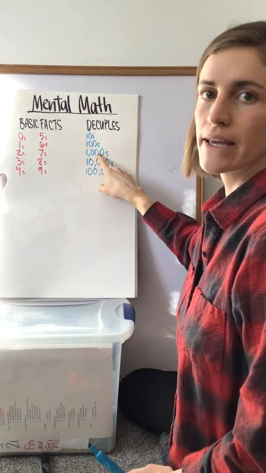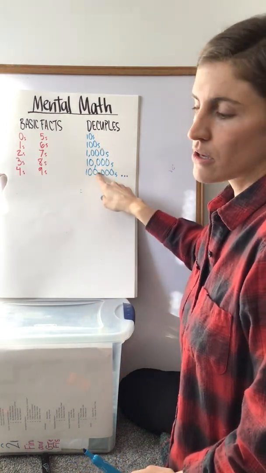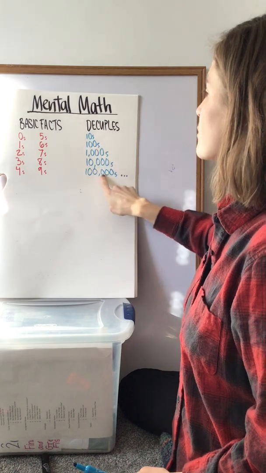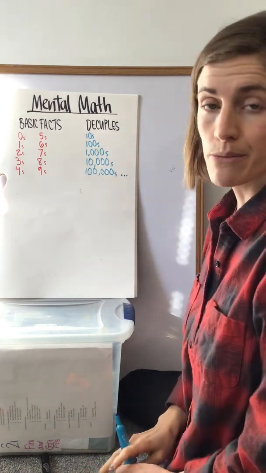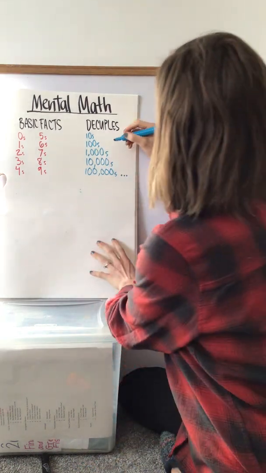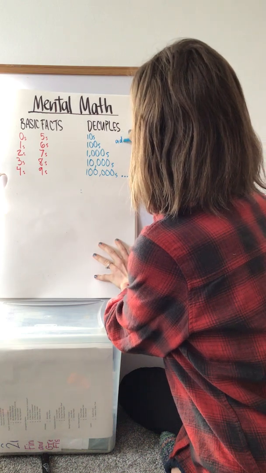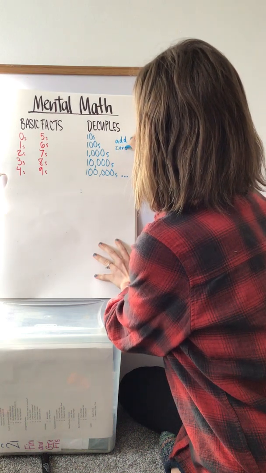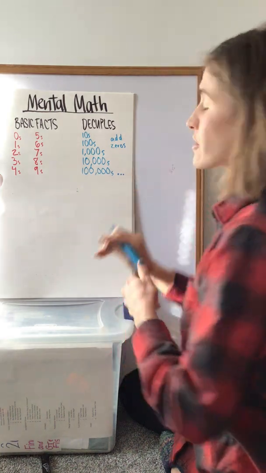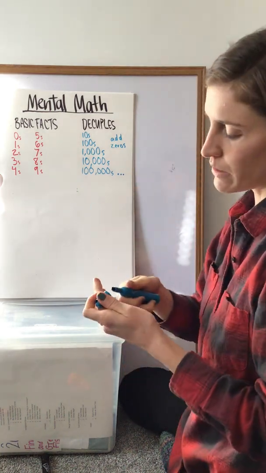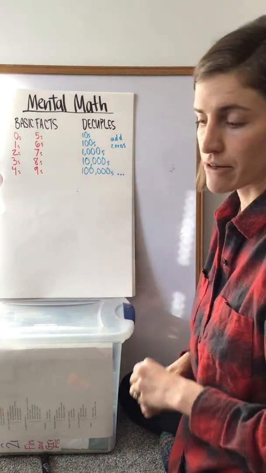When we are multiplying any number by a decible, we simply add the number of zeros that are on the number we're multiplying by. That's another strategy we can use that will help us solve problems without writing it down on pencil or paper.